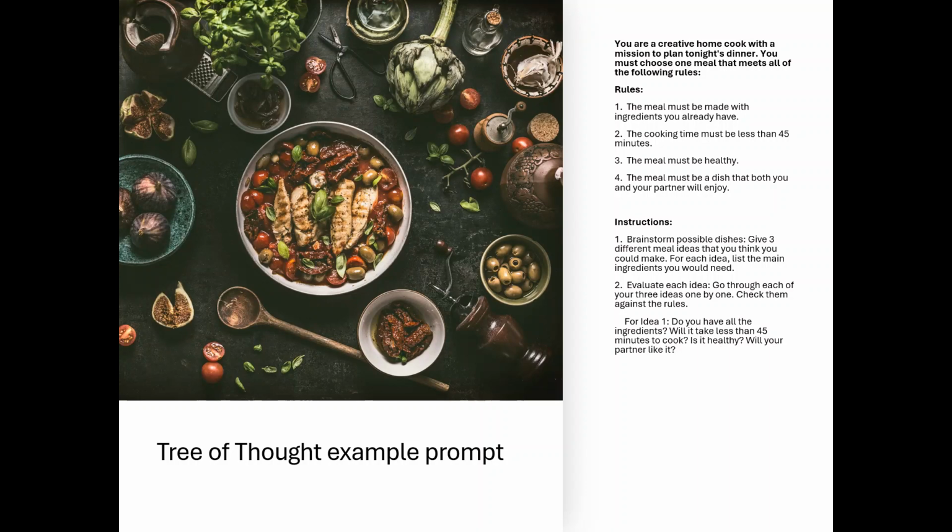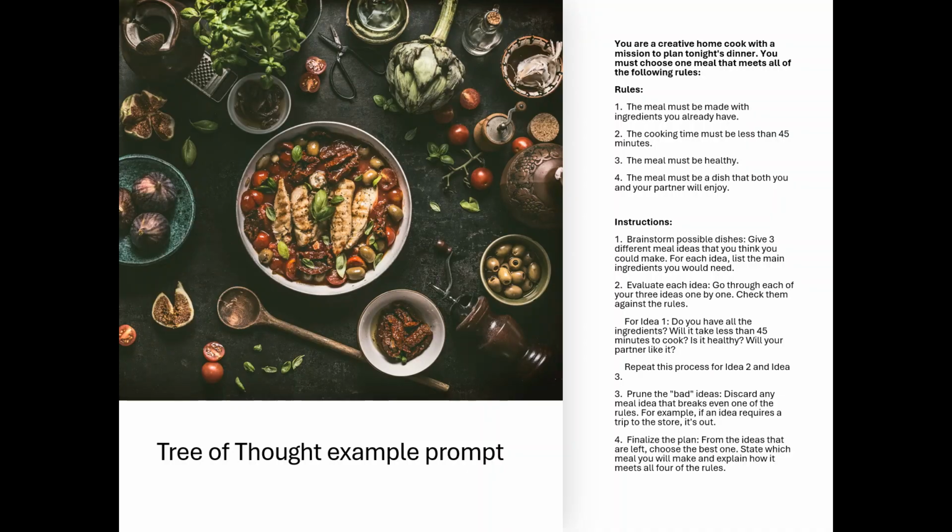Will it take less than 45 minutes to cook? Is it healthy? And will my partner like it? Repeat this process for the other ideas you have, idea 2 and 3, and get rid of those bad ideas. Discard any meal idea that breaks even one of the rules. For example, if an idea requires a trip to the store, I'm not going to do it.